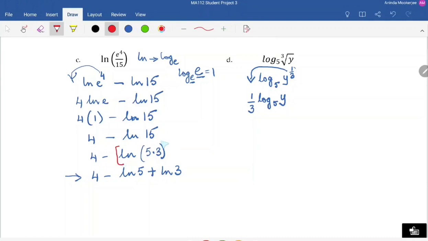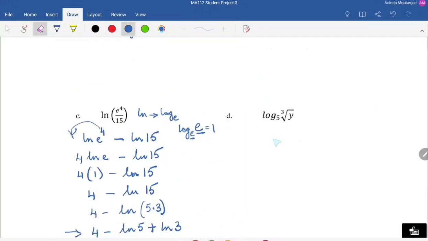This minus applies to this entire term, and when we are splitting this entire term, make sure you are surrounding it in brackets, and that this minus will need to be distributed to both the split terms of the second term. So just make sure that you either surround it in brackets or you distribute this minus sign and write it as 4 minus ln 5 minus ln 3. All right.